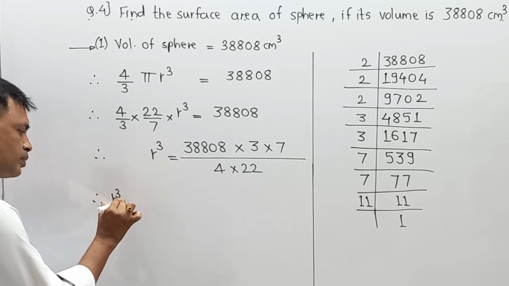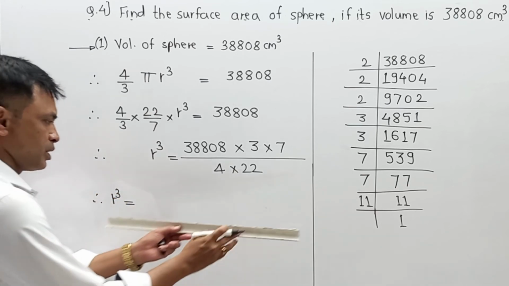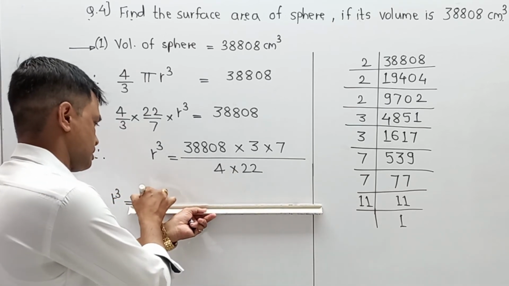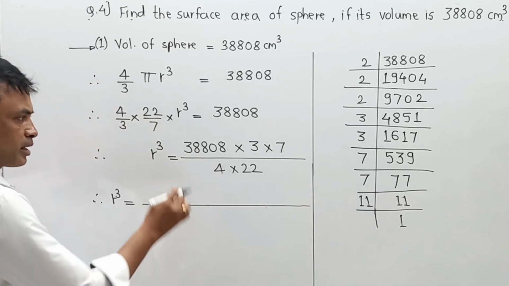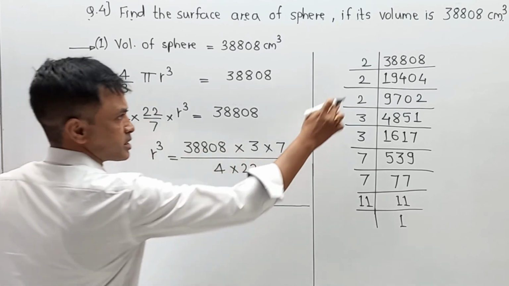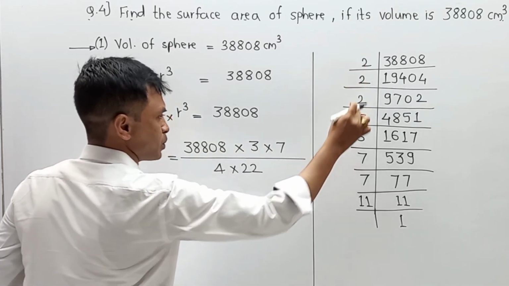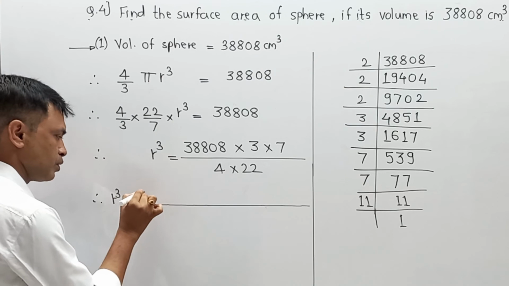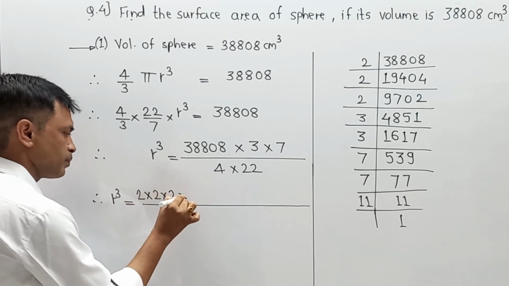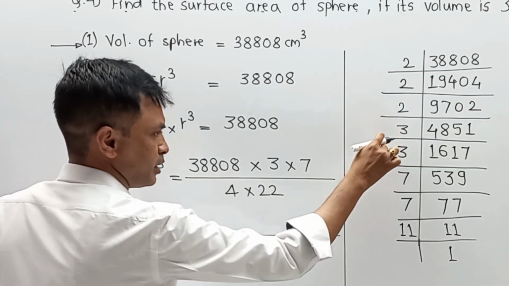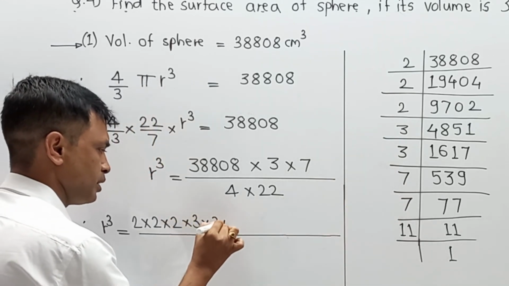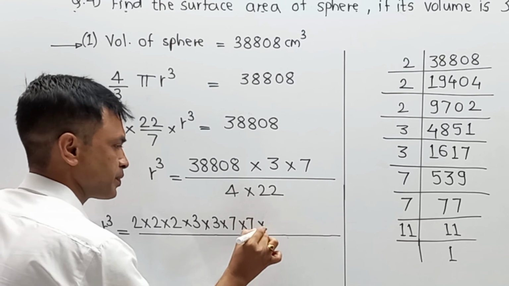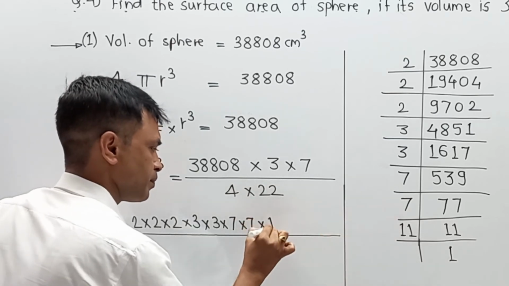So r cube is equal to, here 38,808 is now split into 2 into 2 into 2, next 3 into 3 into 7 into 7 into 11.